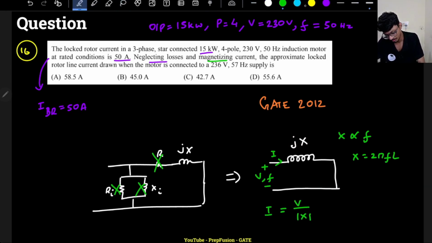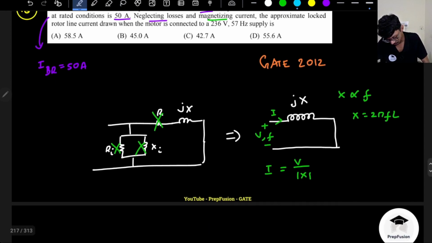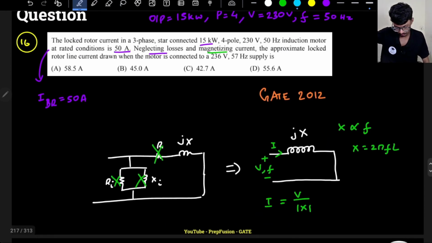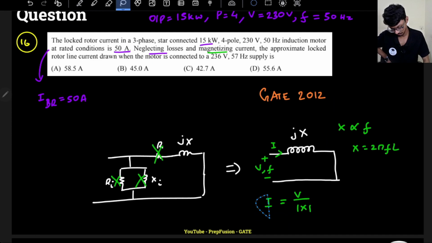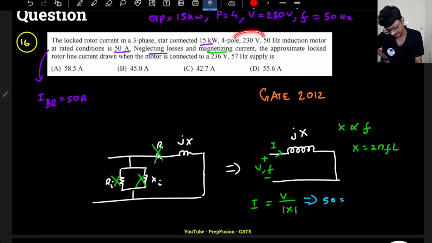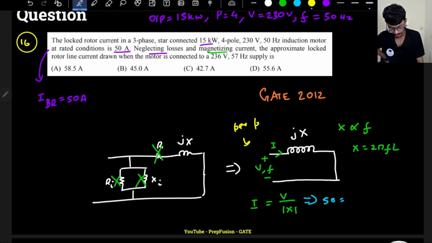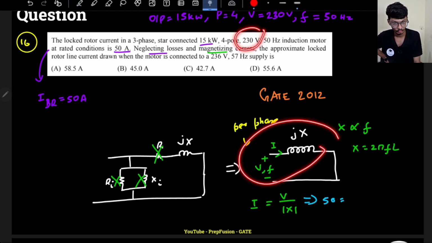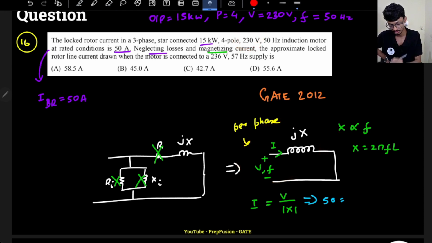So directly I can say, initially the current was 50 amperes. I know the voltage. Remember, this is the line voltage, and whatever we are discussing is per phase, so you have to write the phase voltage. Whenever they mention a voltage, unless specified, it will always be line voltage.